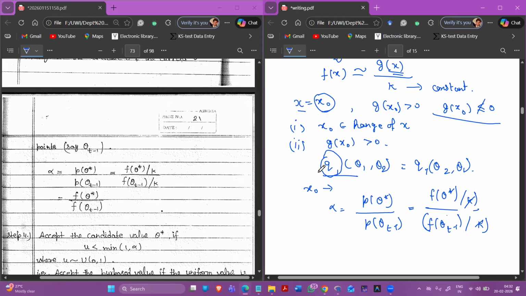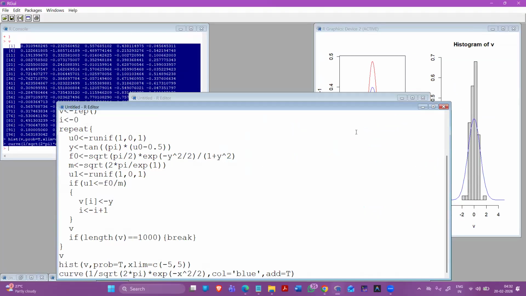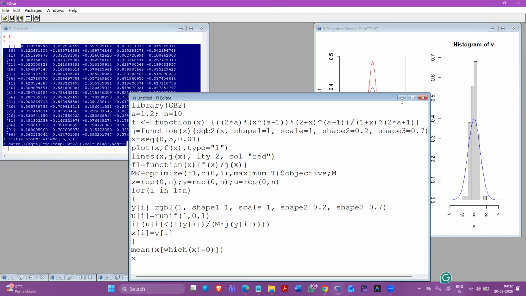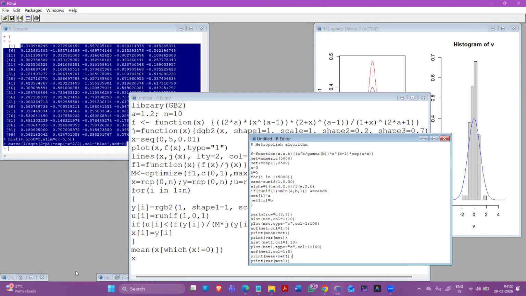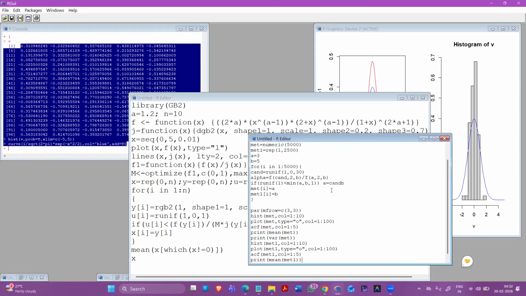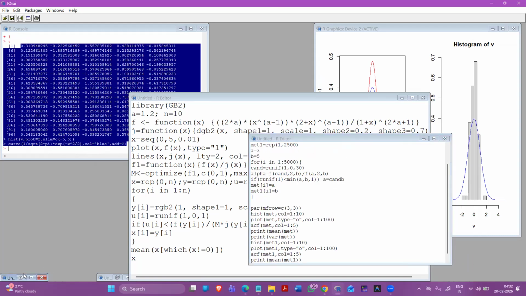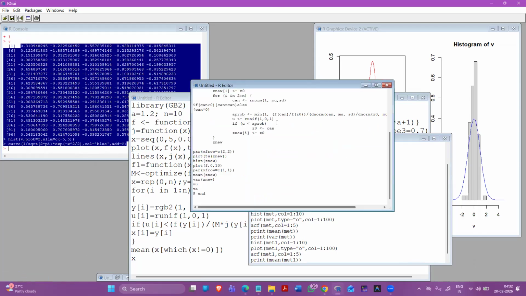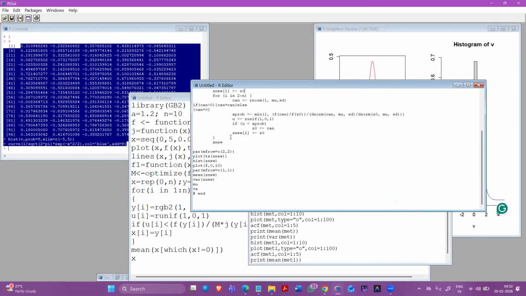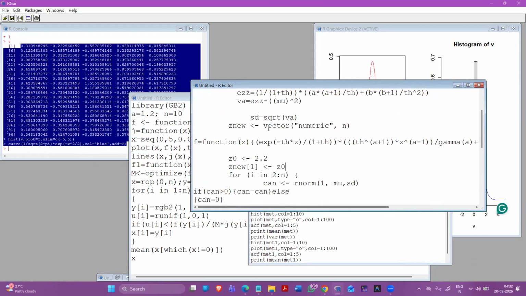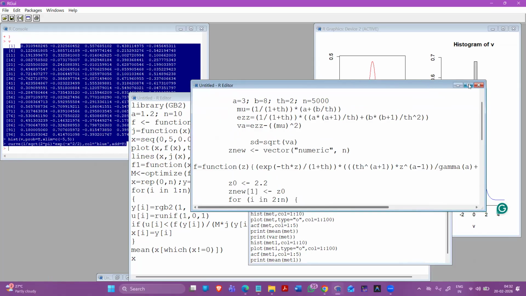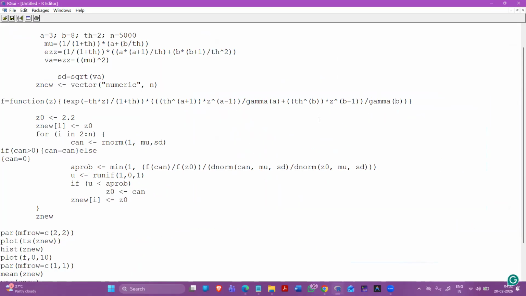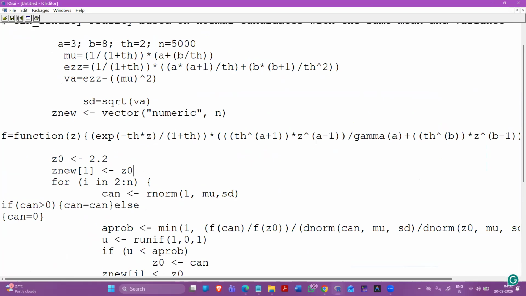How will it work? Let me show you with the example. If you just remember this example from the previous lecture, is it visible for you?